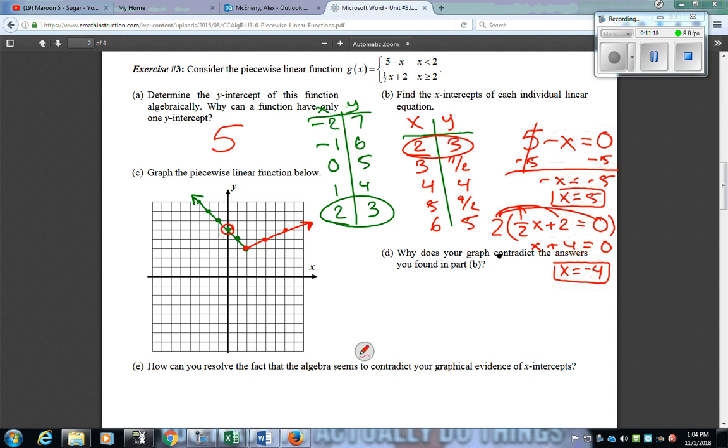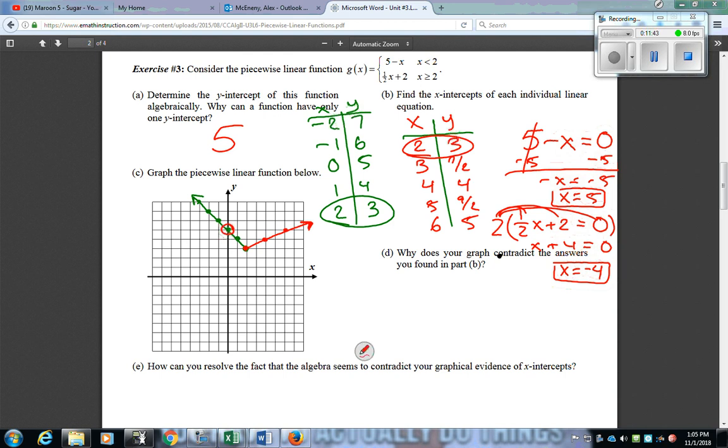Now, here's the thing, though. If you look at the graph, there's no zeros. So for part D, it talks about why does the graph contradict the answers we found? Well, again, this is because of those intervals. So we got the inequality of x is less than 2 and x is greater than or equal to 2. And in each of those, we don't get that far on that equation.